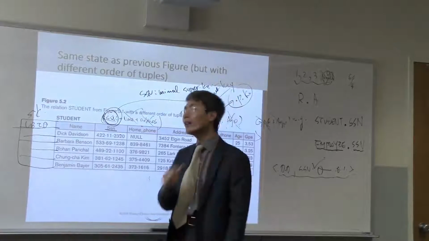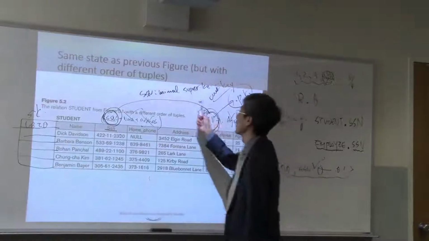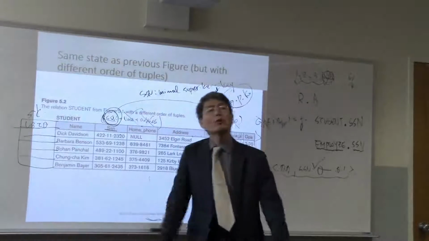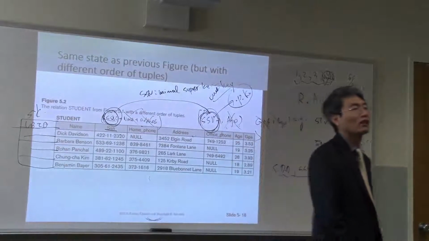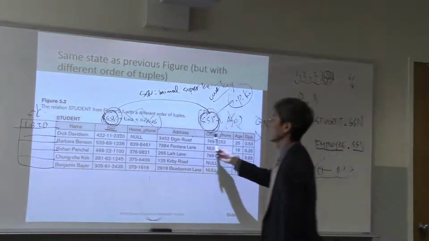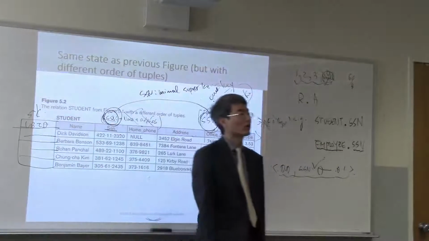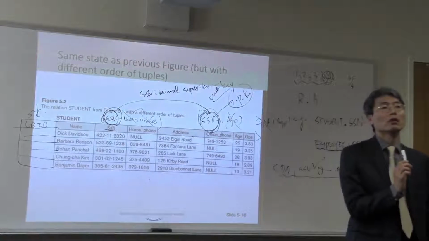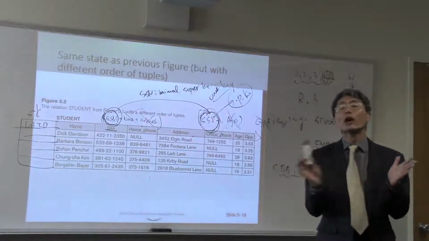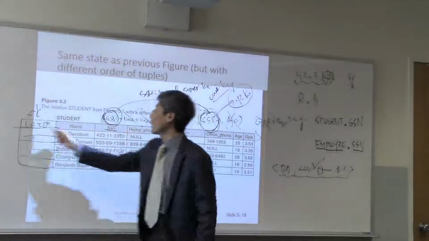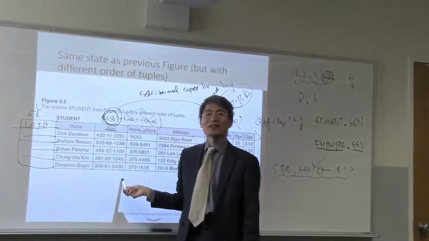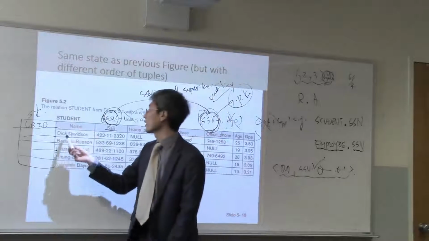Okay. Another question is, why do we need to consider super key? I can find directly the social security number and UBID as primary key. Yes, that's true, but sometimes you are not very familiar with this database. Everybody knows what a student is, and what information a student has.